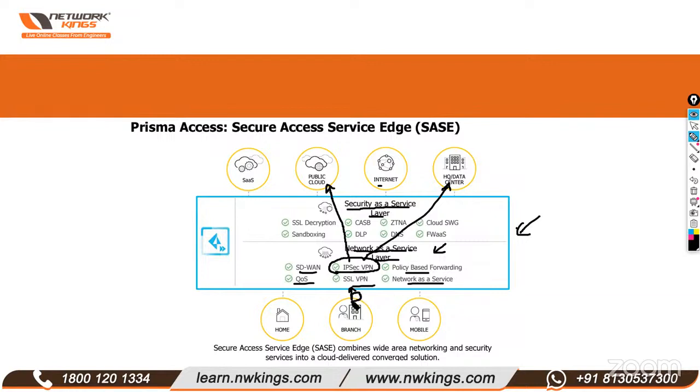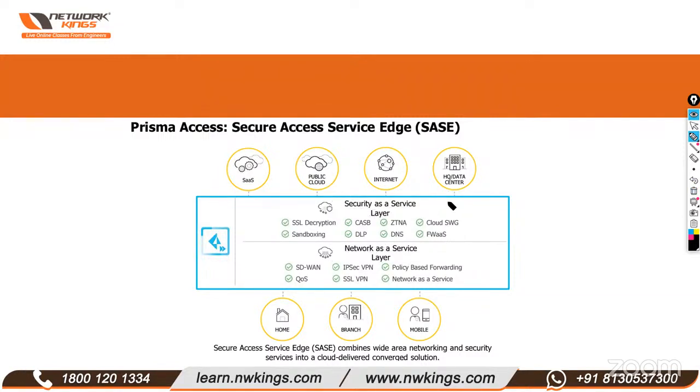At the branch, you don't need any devices. You just need a router and an internet connection, and this internet connection will be connected to Prisma Cloud. From that Prisma Cloud, you have the connectivity to the data center or any other ways, and then you go to the internet.